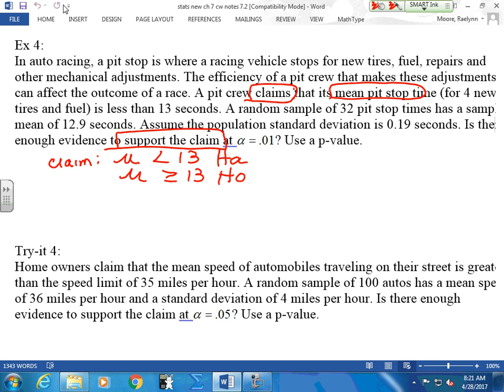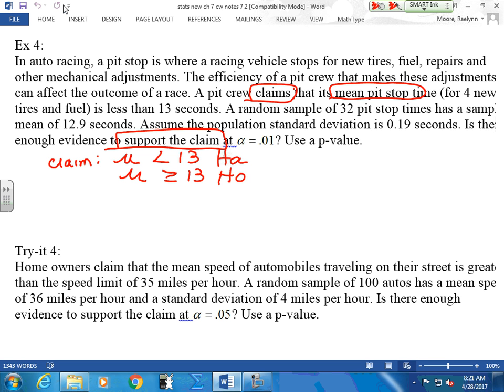They certainly don't want to say greater than 13 seconds, right? I want to support that claim. I'm going to test all these things and see if I can support what he just said. Now, look at this chart. What one uses the word support? The HO or the HA? HA. So, claim is HA.